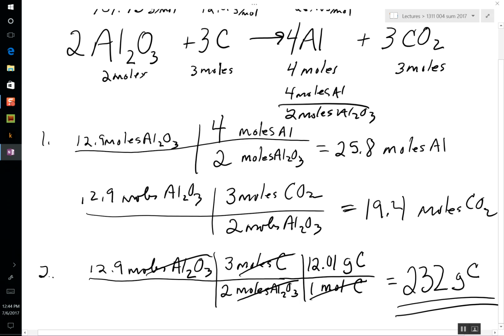We're talking about mass calculations based on a balanced chemical equation: stoichiometry. So whenever you hear that term coming up, that's what we're talking about. Stoichiometric calculations, we're going through mass calculations. So let's say this.